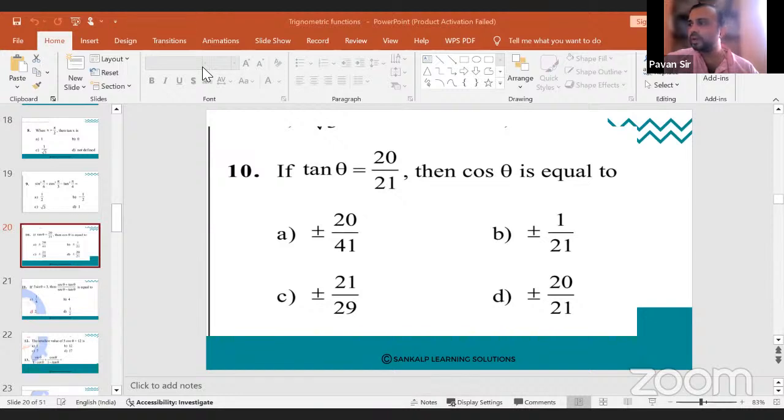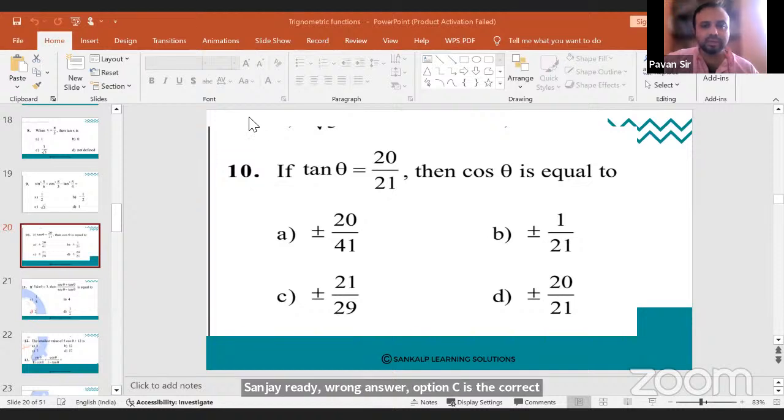Bhima by Birappa and both of you, Sanjay Reddy, it's the wrong answer. Option C is the correct answer. Plus or minus 21/29. Because the solution is quite lengthy, you don't have any shortcuts. You have to apply the ratios and get the answer for that.